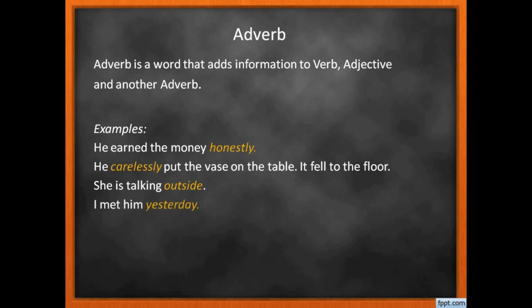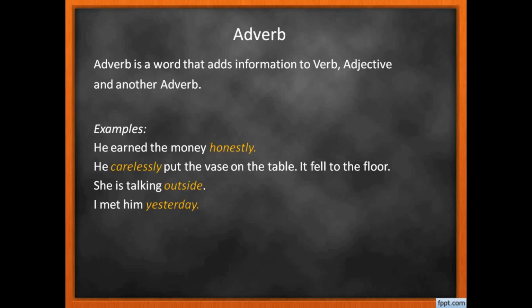Here the adverb is yesterday and it modifies the verb met. When did I meet him? I met him yesterday. So it tells about the time. It tells when the action happened.